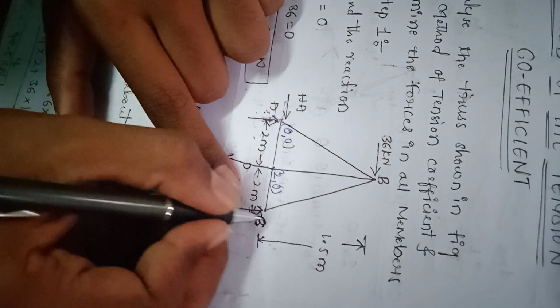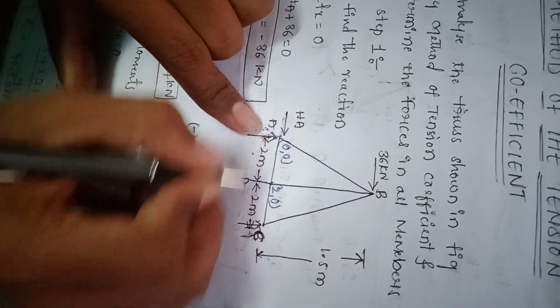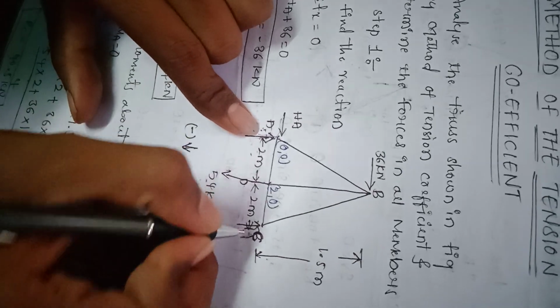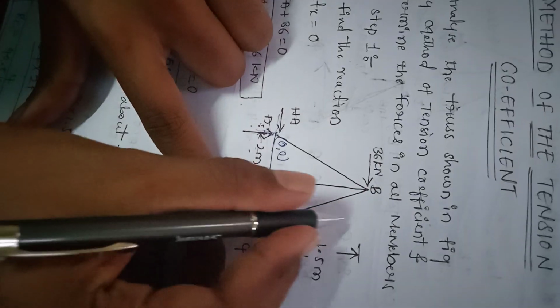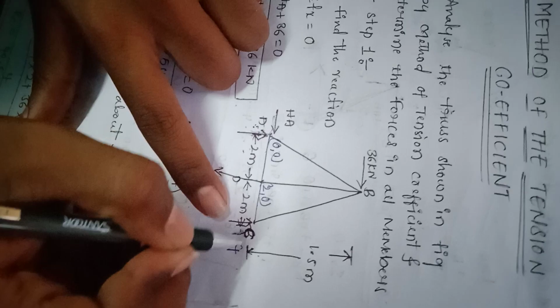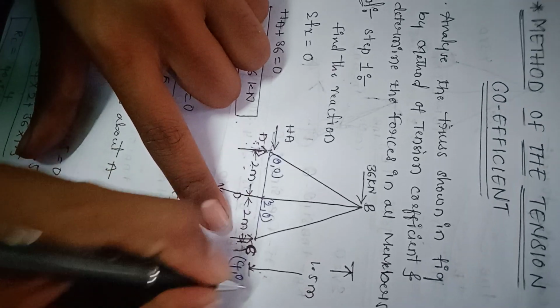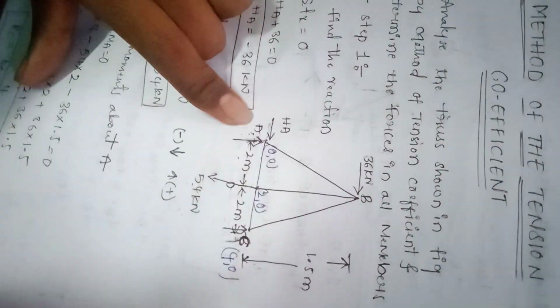And at C how much distance is it from A? That is 4 meters, 4 comma 0, since it doesn't change in the vertical direction. It is moving in the horizontal direction only.